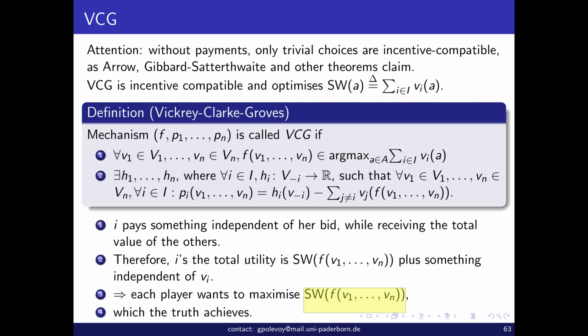Assuming what the others tell is true, because maybe they lie, but you don't care. So the social welfare assuming what they and you tell is true, that's what you want to maximize. So what you have to do is just tell the truth, because that, by how the mechanism works, in particular maximizes that.